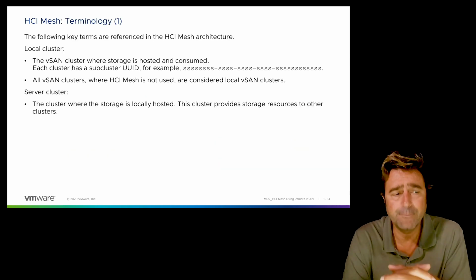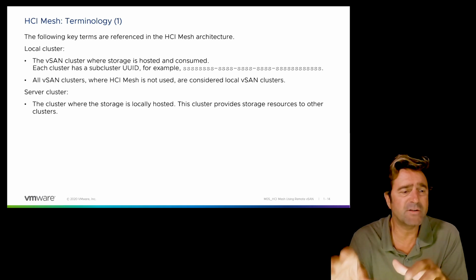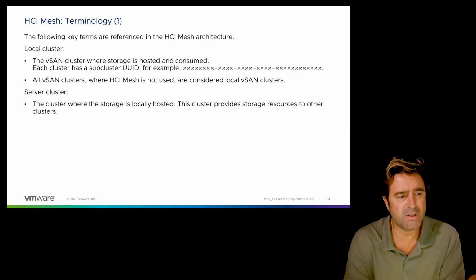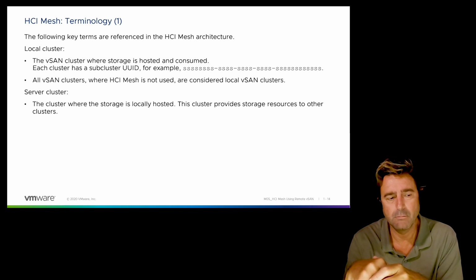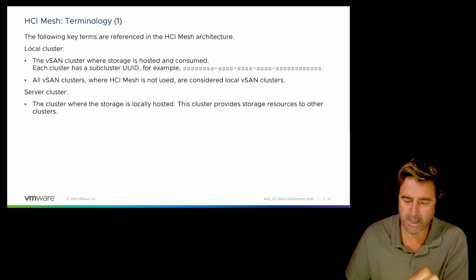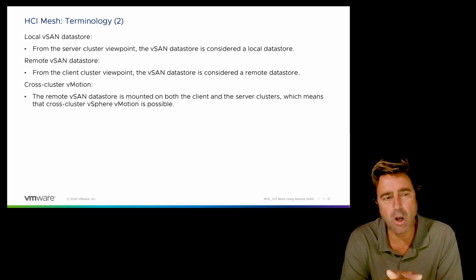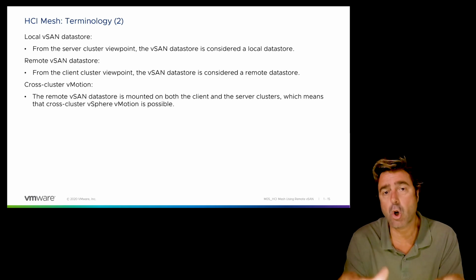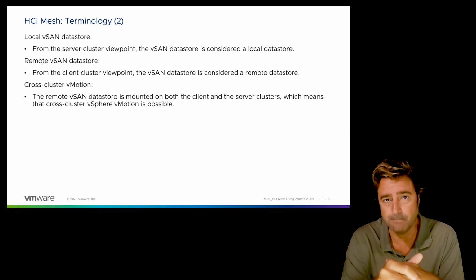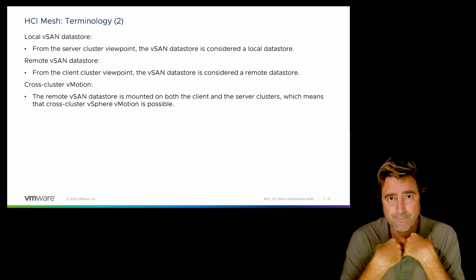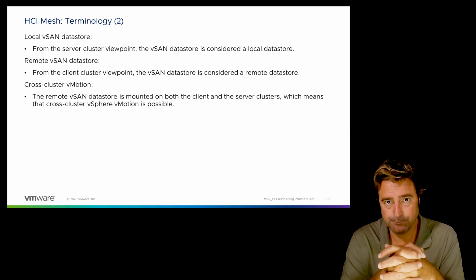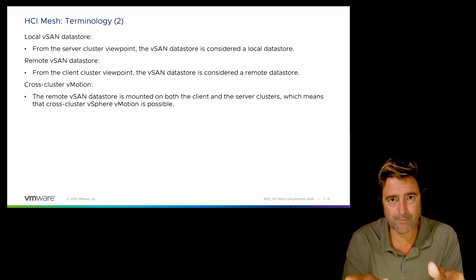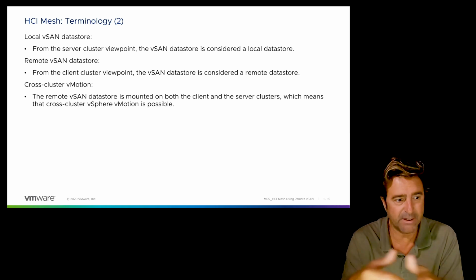And if you think about it, over the next few pages, what we have is terminology. So notice here they mention local cluster, server cluster. And if you take a look at the next page, the concept of the local vSAN data store, the concept of the remote vSAN data store, and the concept of cross-cluster vMotion. So if I'm a member of cluster 1, if I have my VM in my local vSAN data store, that would be what?